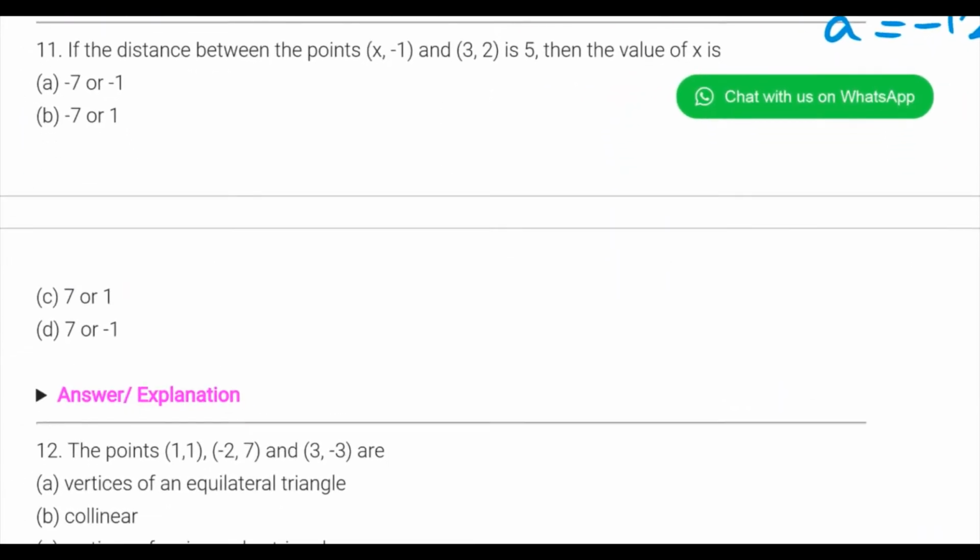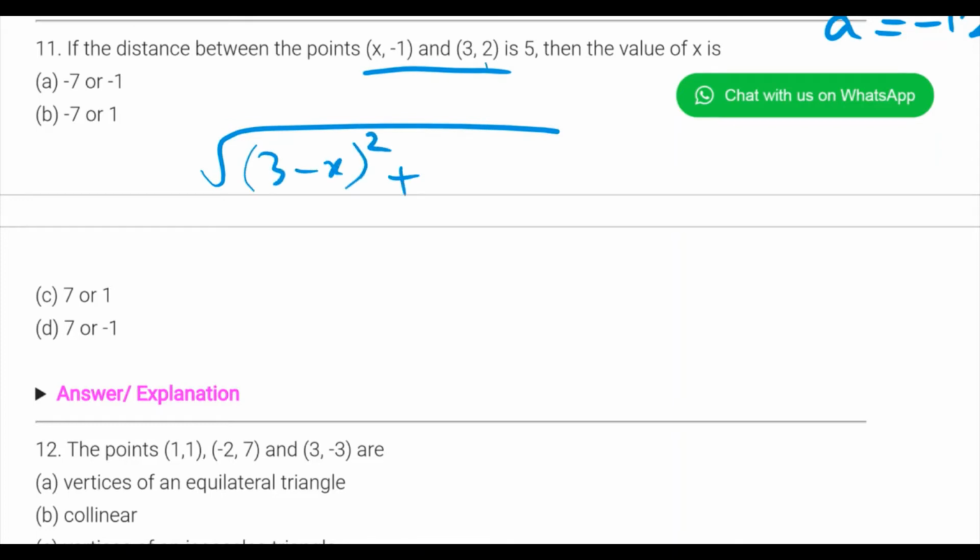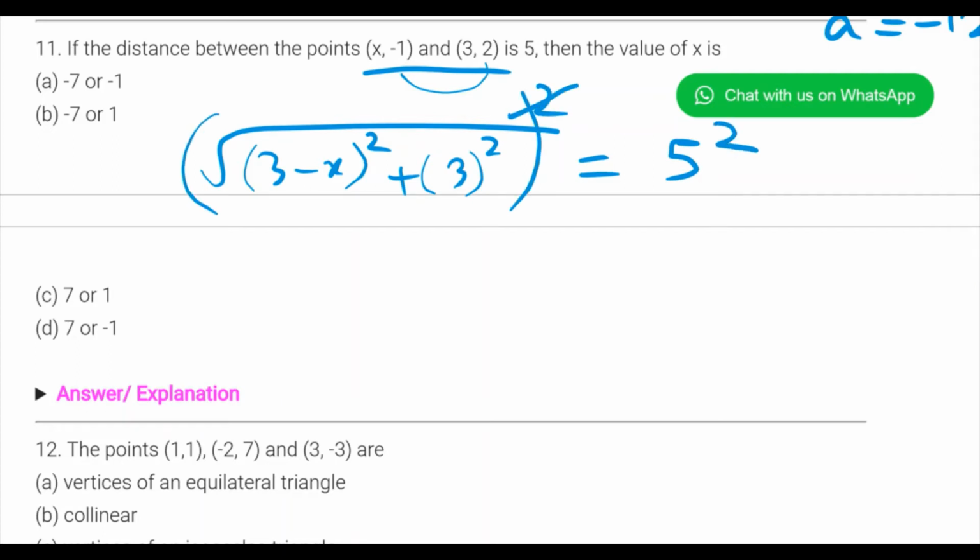Next question is the 11th one. If the distance between the points is 5, the value of k is. So the distance formula is root of 3 minus x whole square plus 2 minus of minus 1, which is 3, whole square, is given as 5. Squaring on both sides, the square and the root get cancelled. This is 3 minus x whole square plus 9 equals 25.